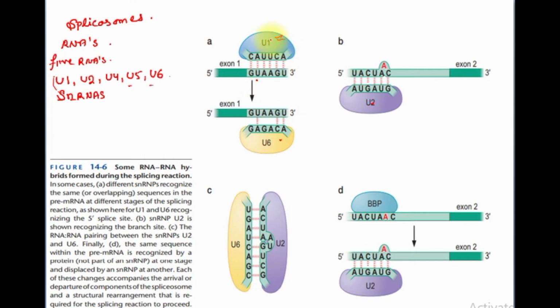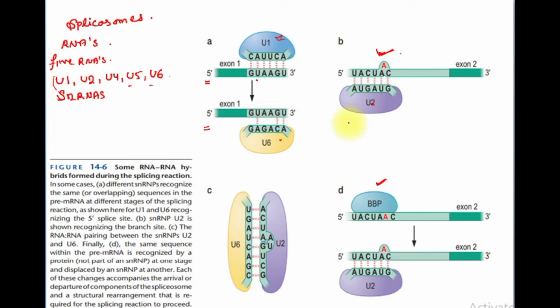The U1 will bind near the 5 prime splice site, and the U6 will also bind near the 5 prime splice site, and the U2 will bind near the branch point. You can see here there is a branch point where the U2 is binding, and the BBP will also bind near the branch point.